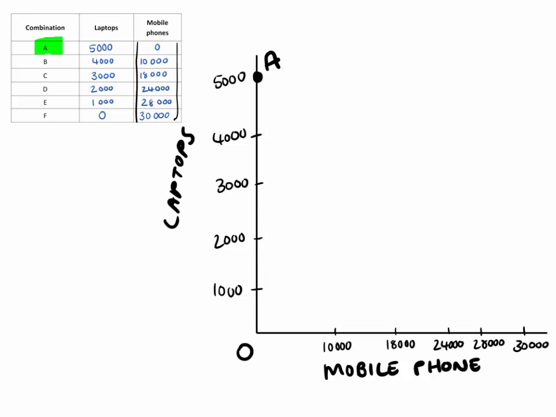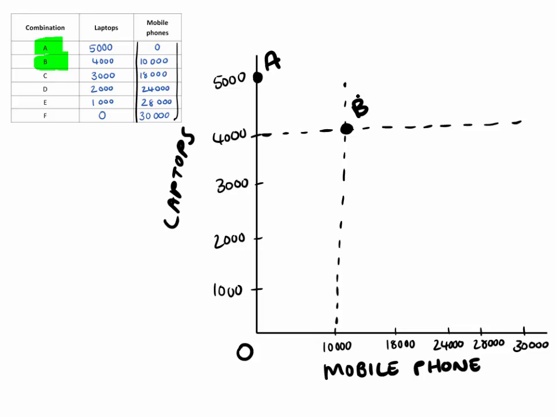My second point on the graph is combination B. Now at combination B, I can produce 4,000 laptops and 10,000 mobile phones. So there we see over here is point B, where the two intersect.